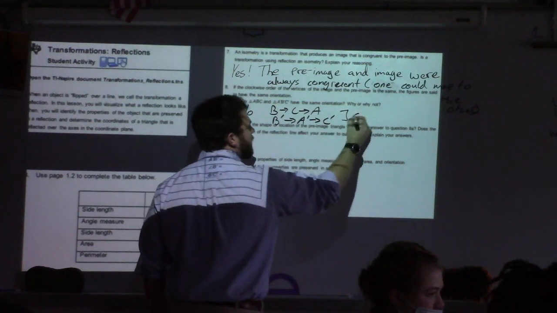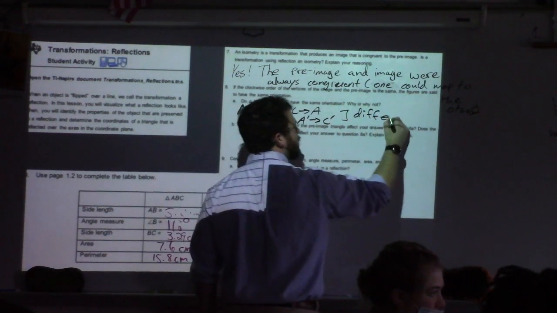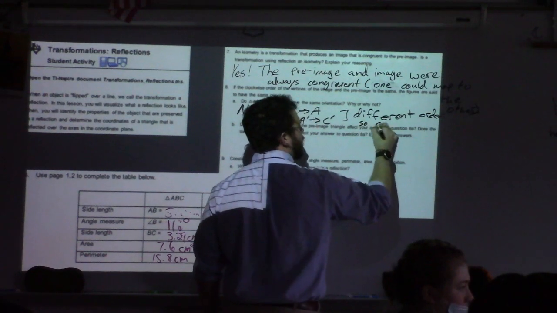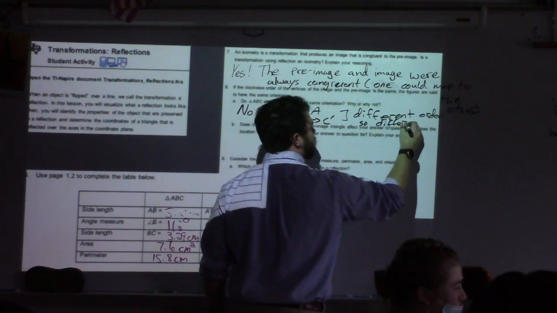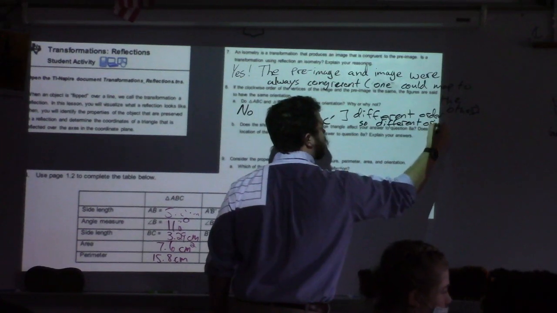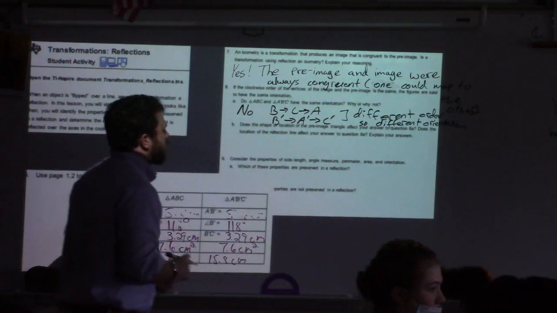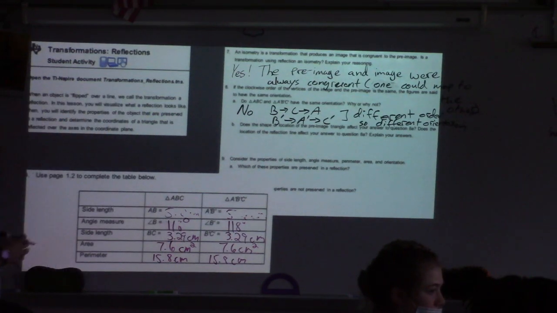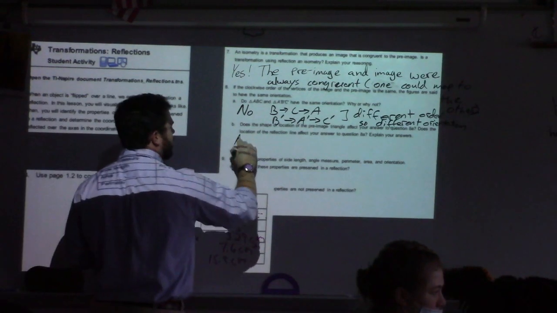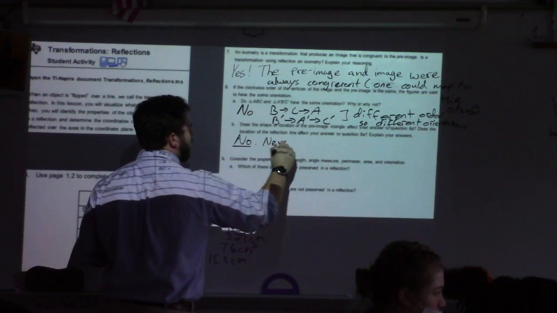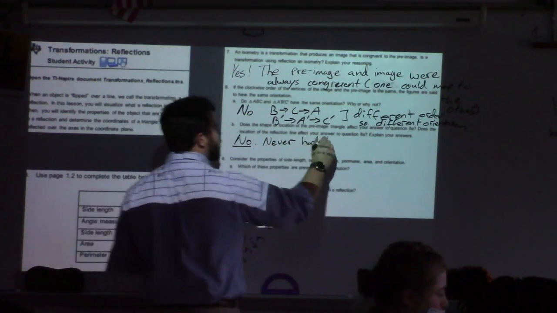That's a different order, so different orientation. Does the shape or location of the pre-image triangle affect your answer? No, it's always the same. So a reflection never had the same orientation.